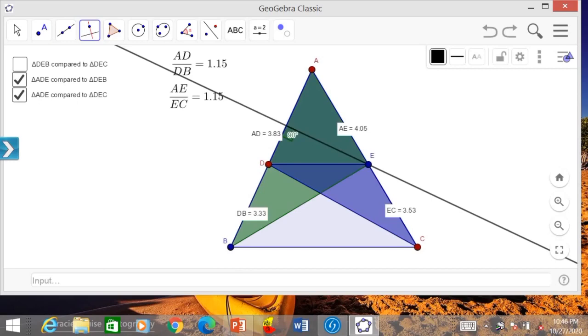You should remember this to prove the theorem.